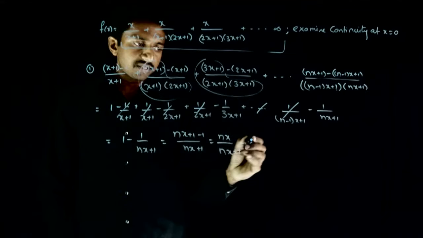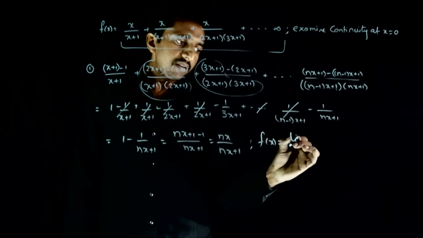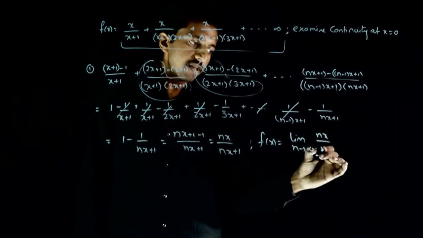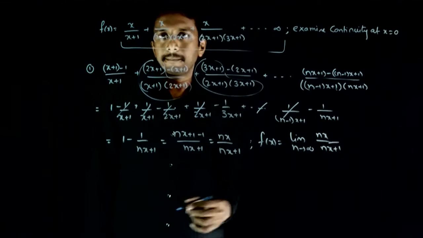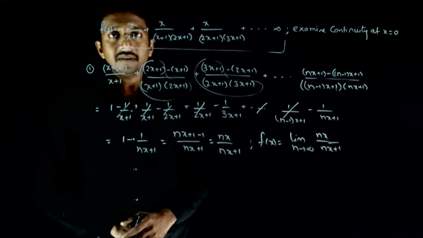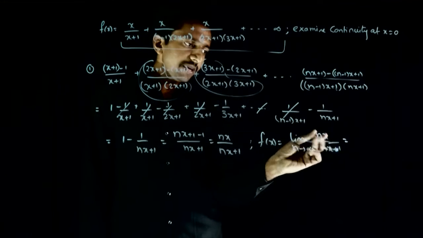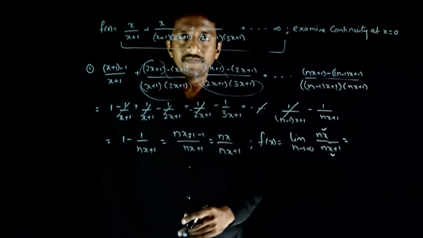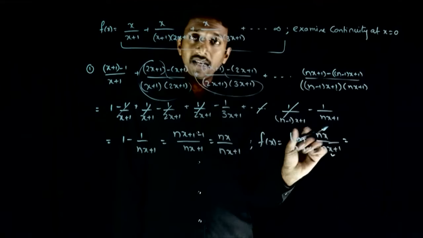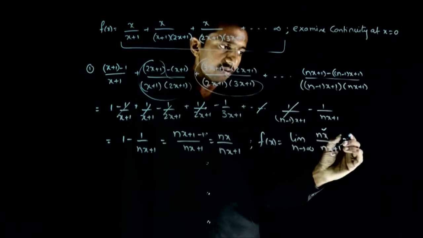But my f of x is nothing but the limit as n tends to infinity of nx by nx plus 1. See, as n tends to infinity, where does this sum go? You can see it depends on the value of x. As n tends to infinity, let me take n as common.